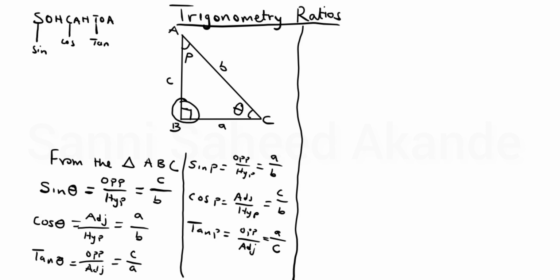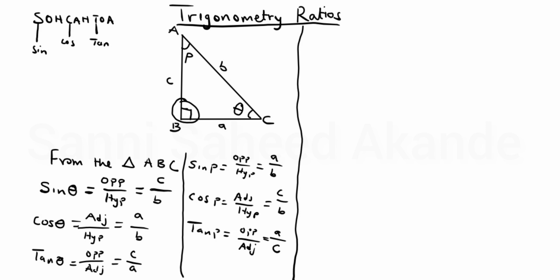If this is 90 degrees, then these other two angles, P and theta, will be 45 degrees each. Understood? When you add 45 plus 45 plus 90 degrees together, it will give you 180 degrees.